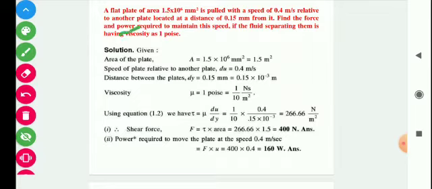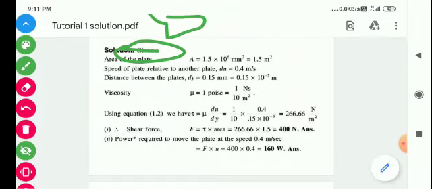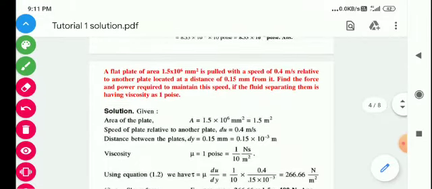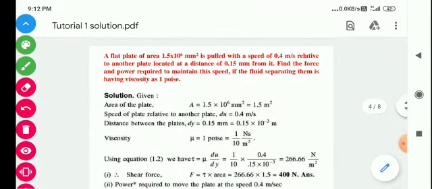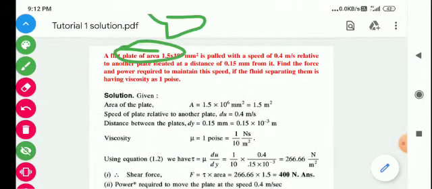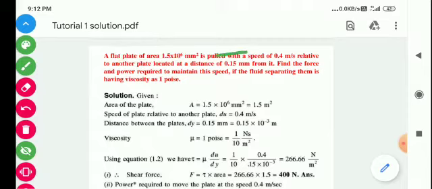So again the viscosity is given, the area of the plate is given, the distance between these two plates is also given, and the speed is given.